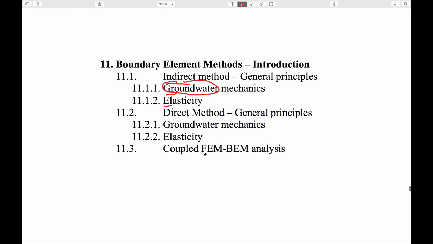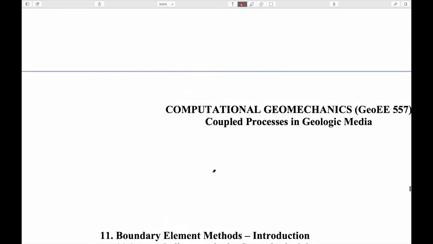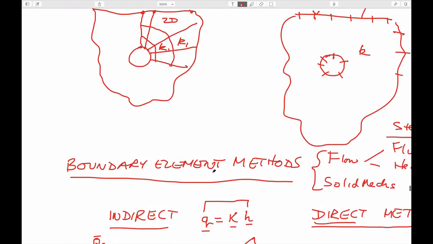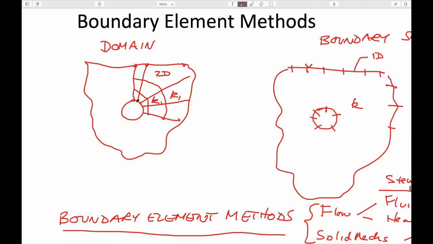And the other thing that we could also chat about if we have time is that you could think about using these methods in their combined strength. So in other words, finite element methods are really great for places where permeabilities or moduli vary with location or as a function of the stresses or strains or the fluid pressures or saturations, for instance. In other words, they're nonlinear because of one of the dependent variables.